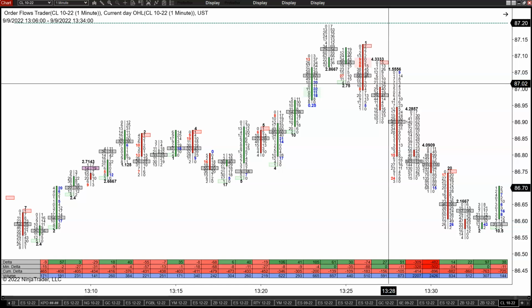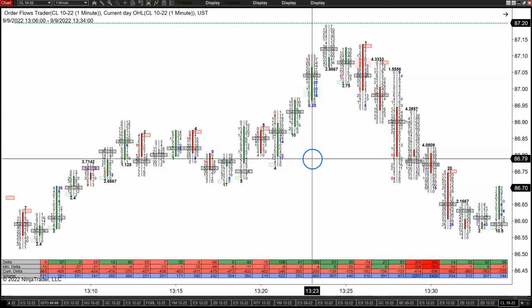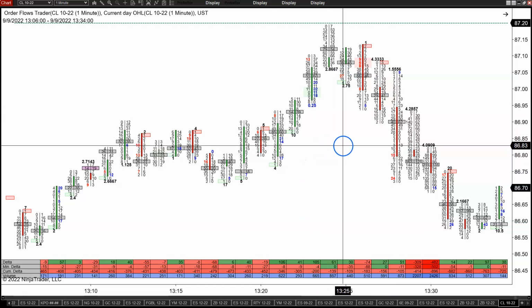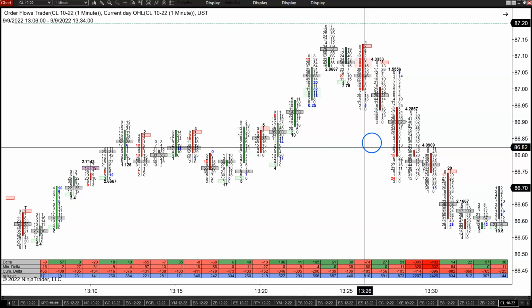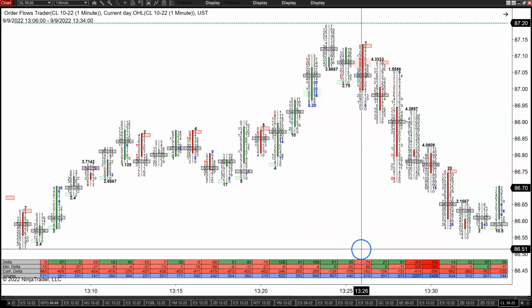That's just something you've got to train yourself to look for. Sometimes it's very obvious, sometimes it takes a little looking, but the real big sign to look for is the declining positive deltas as the markets are making highs, or the declining negative deltas as the markets are making lows, or swing highs or swing lows.